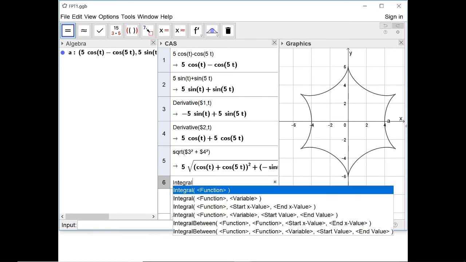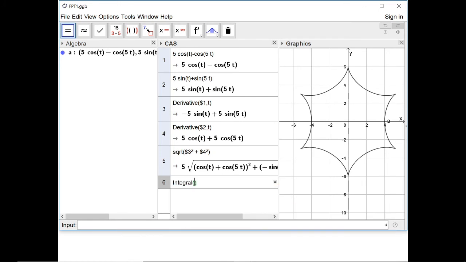I now want to integrate. So the integral of my square root function in expression 5, and then the limits for my integral are t going from 0 up to 2 pi. And my computer algebra system calculates that integral to be 40.